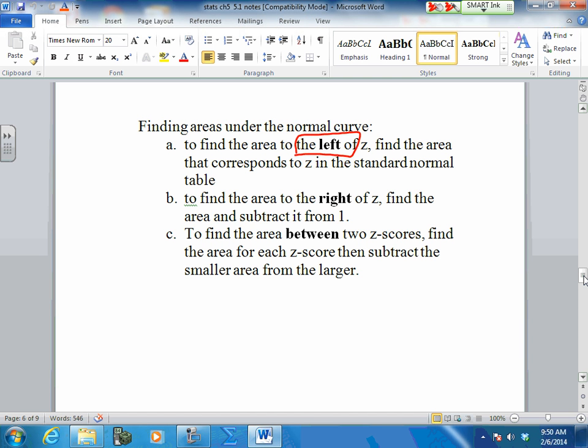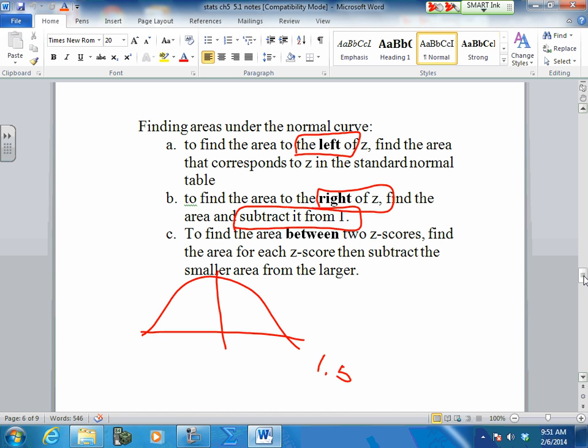When you look up the area to the left, you look it up in your table, and you use that area. One is the area to the right. This is when you subtract it from 1. Sometimes we have to find the area in between 2 scores. So if I did this, in between 1.5 and negative 1.5.